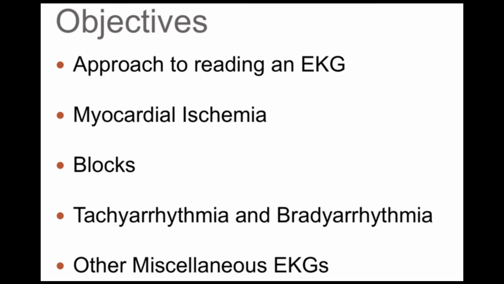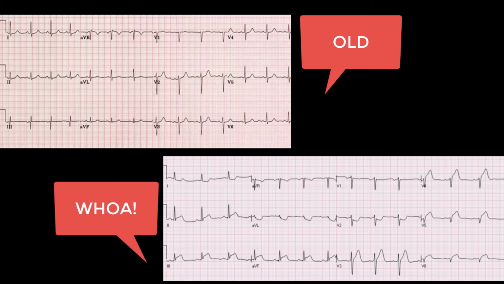Before you interpret an EKG, one of the most important parts of EKG or ECG interpretation is being able to compare your current ECG that's sitting in front of you with any previous EKG that is available. A lot of times, when somebody hands you an EKG, they'll have printed off previous ECGs.